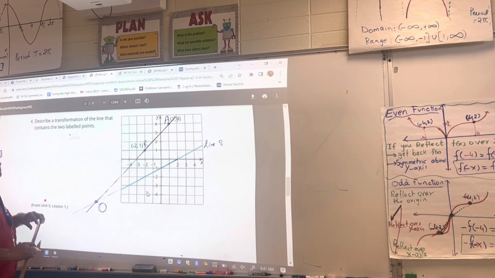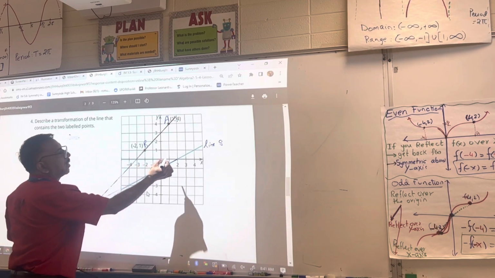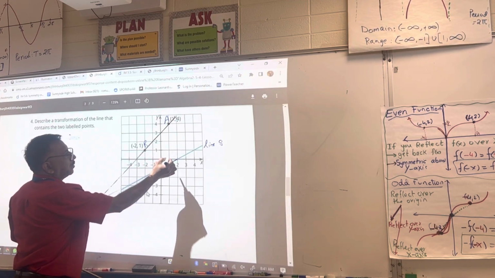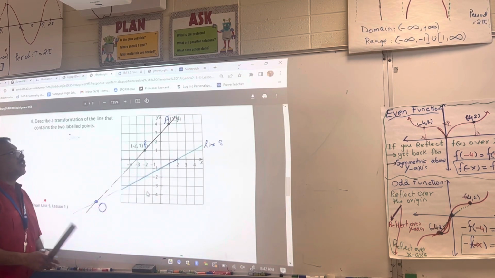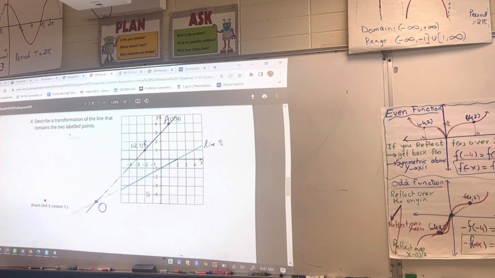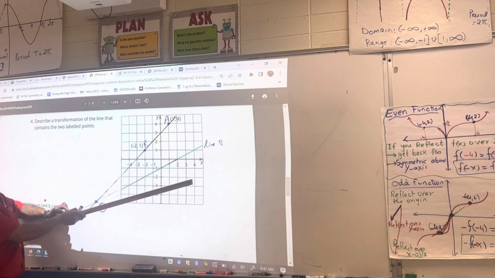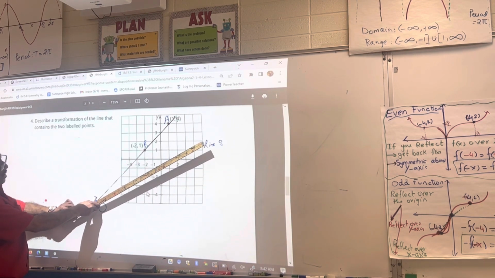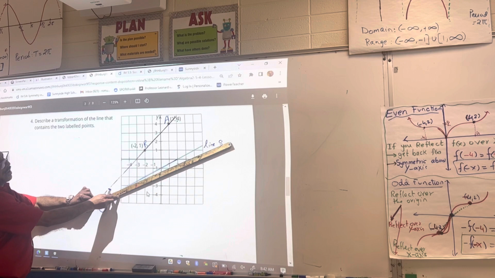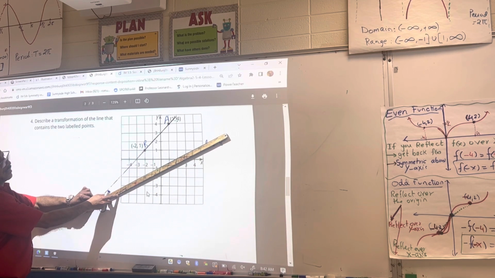You're supposed to write your own English words. The English doesn't have to be perfect, as long as it makes sense. So I want to rotate this blue line. I'm going to rotate it around this fixed point, the point where they meet.